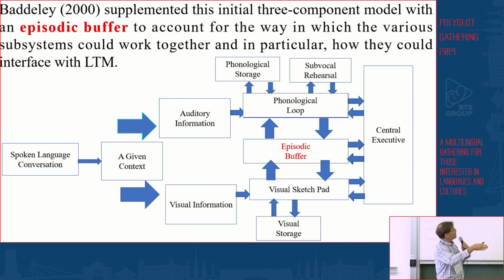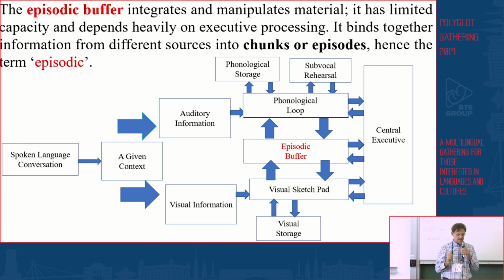It's creating a story in your brain, and then your visual information, all working together. The central executive is controlling that. It's also taking information from long-term memory. Okay, I'll try to make it clear. So the episodic buffer integrates and manipulates material, what you're hearing, what you're seeing. It has very limited capacity and depends heavily on this executive processing. And it binds together information from different sources in chunks or episodes, like a little story, like an episode of a film or a TV series, okay?